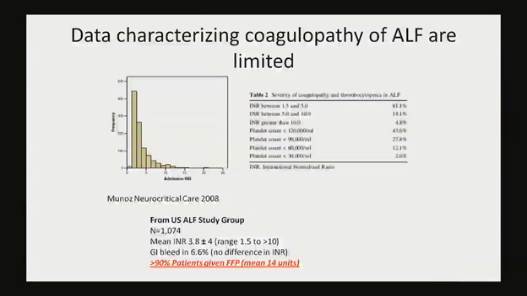Coagulopathy of acute liver failure: data is limited. What really needs to be enhanced now in an acute liver failure patient is TEG. TEG can markedly decrease this flooding that we usually give acute liver failure patients when we're trying to treat the INR. Just think about this, 14 units of FFP on average in patients with acute liver failure.